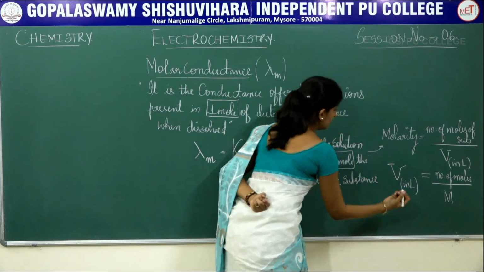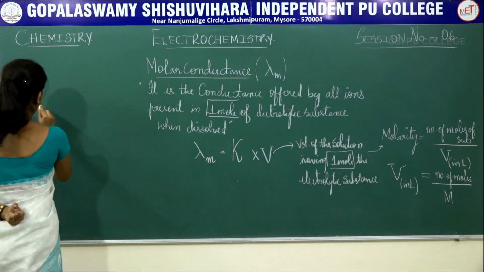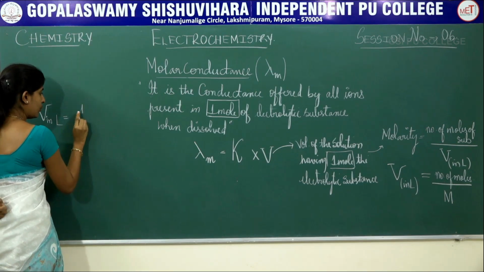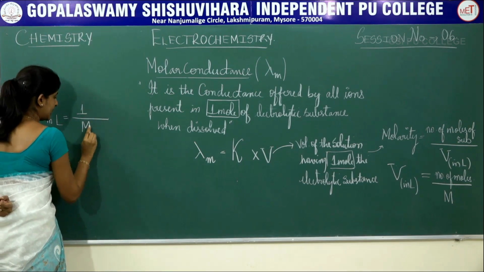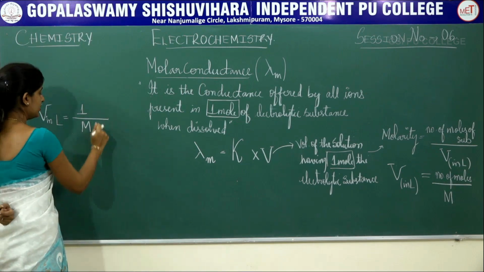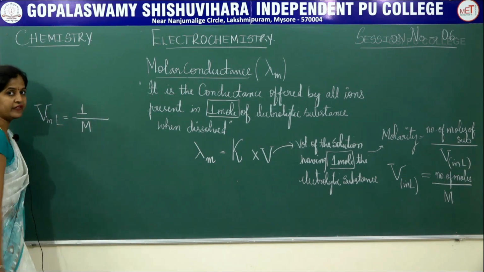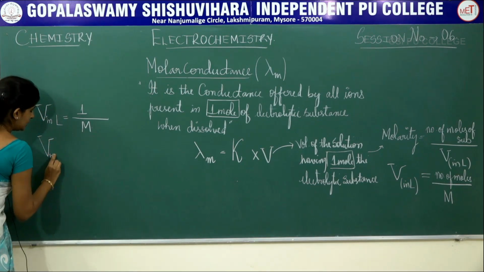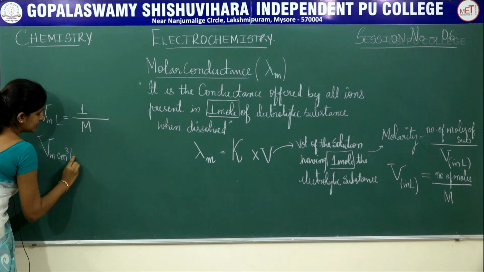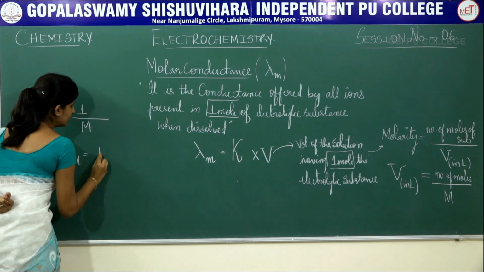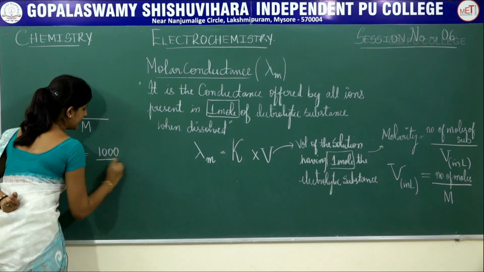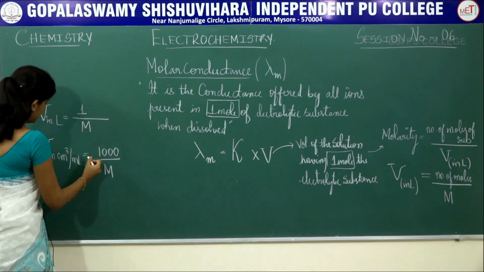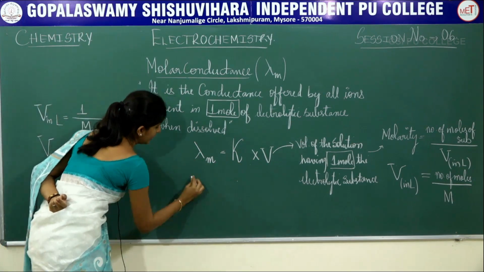So this becomes V in liters is equal to 1 divided by molarity. If I want to convert liters into ml, that is cm cube, V in cm cube is equal to 1000 divided by molarity.